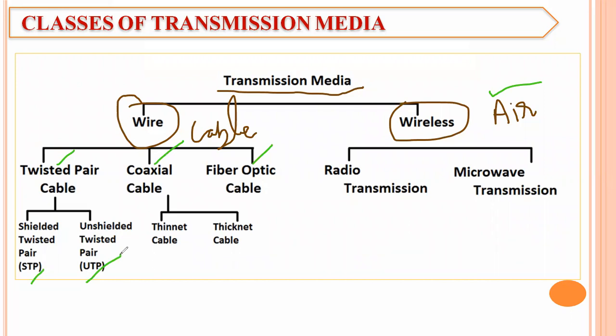Shielded twisted pair, we will discuss in detail. Shielded twisted pair cable is basically used to reduce the external noise, whereas unshielded twisted pair cable is susceptible to the noise. Then coaxial cable, thinnet cable and thicknet cable, and then the fiber optic cable.